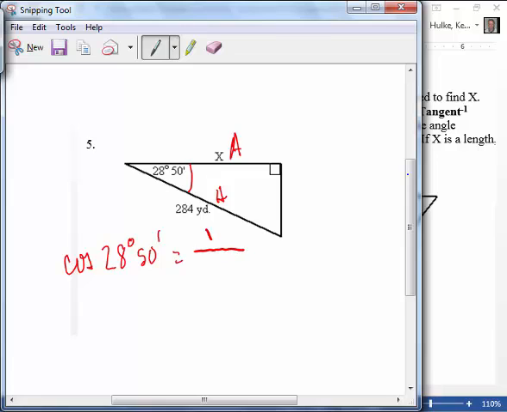Cosine is adjacent over hypotenuse. 284, multiply both sides by 284.